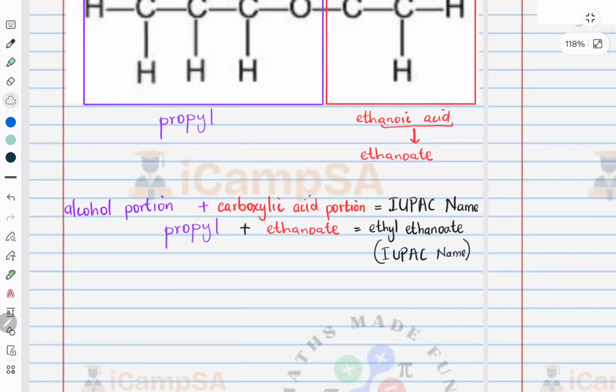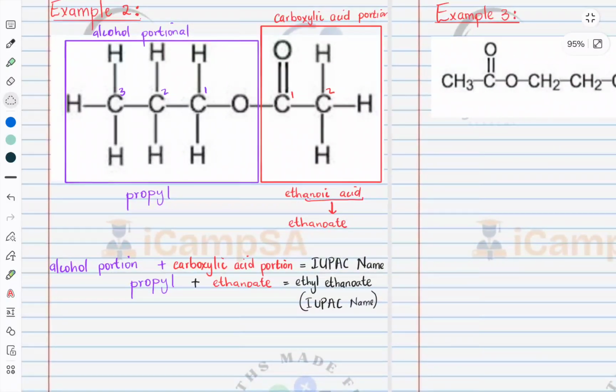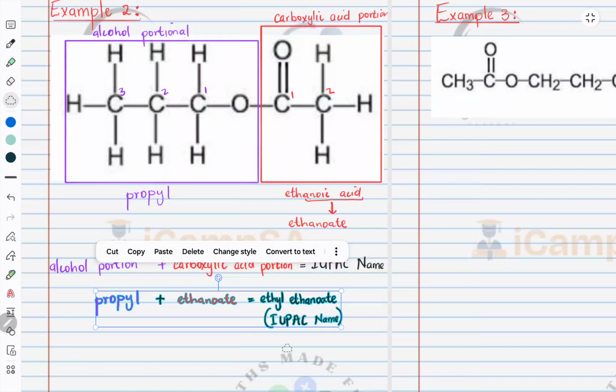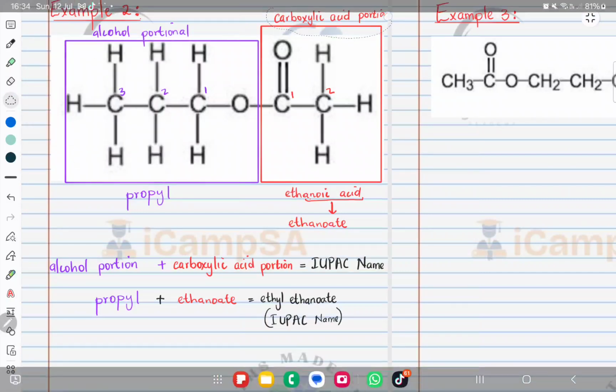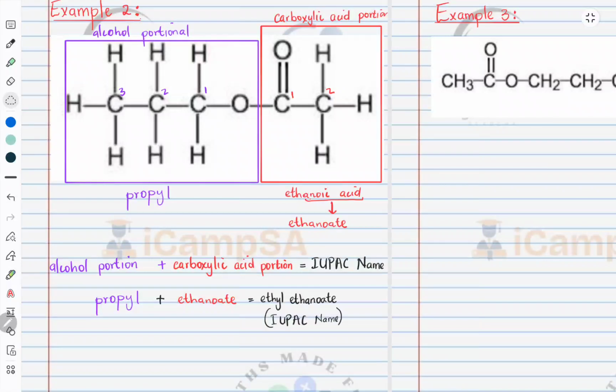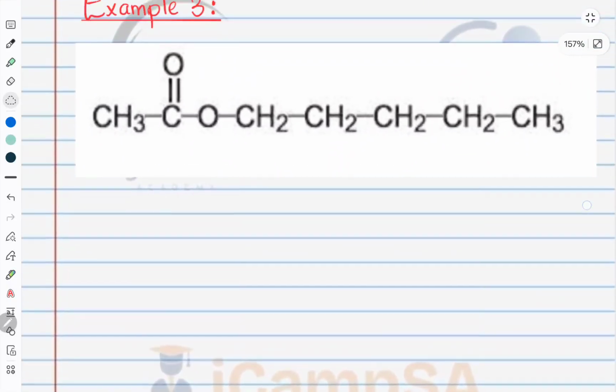All right, so it's actually almost the same thing over and over again. We just name it like this, and for all the other carboxylic acids, unless of course there's something else that we need to take into account, like for instance, if we have another substituent like a methyl group, or say we have a halogen atom. In that case you would have to account for those as well.